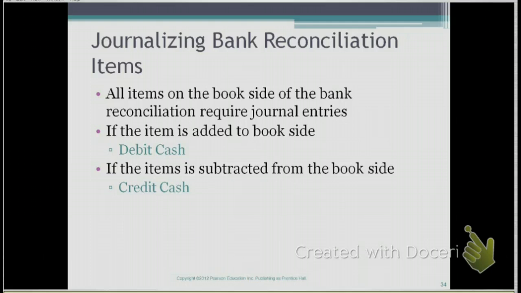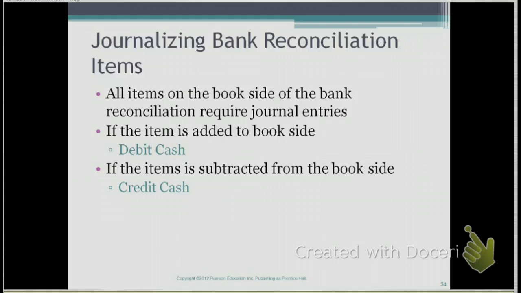Therefore, every single item that we listed on the book side of the bank reconciliation requires a journal entry. The reason we need to do that is because all the items on the book side, again, were found on the bank statements. They had never been entered in our journal and posted to the ledger, so we need to prepare journal entries for those items and post them to the ledger.